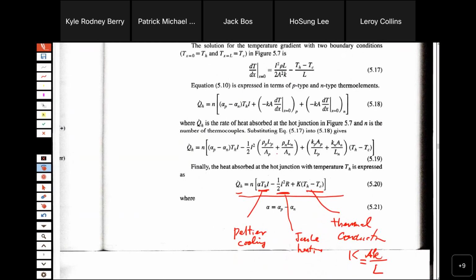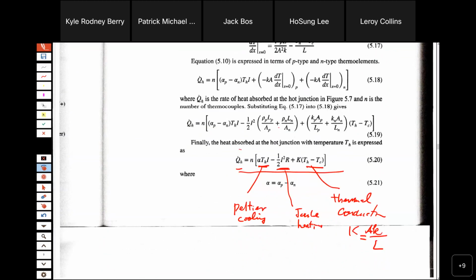Thomson is very difficult to figure out, and contact is very complicated. How much contact we don't know, so we neglect, and we have the ideal equation. Although ideal, it's nice. We can discuss the thermoelectric effect and the heat transfer even with the ideal.